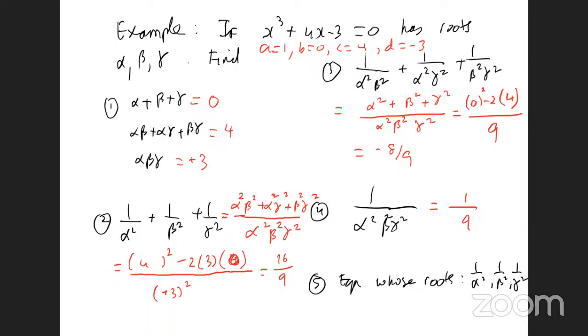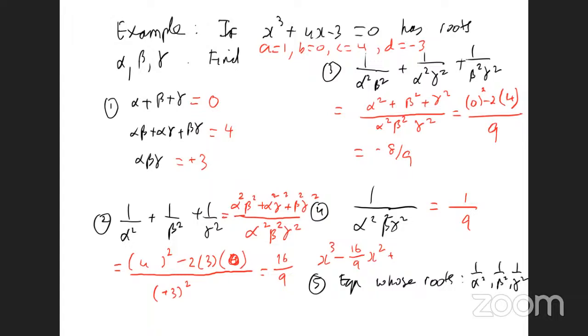How do we get the equation whose roots are these? X cubed minus the sum of the roots. We worked it out already, 16 on 9. Plus the pairwise sum.